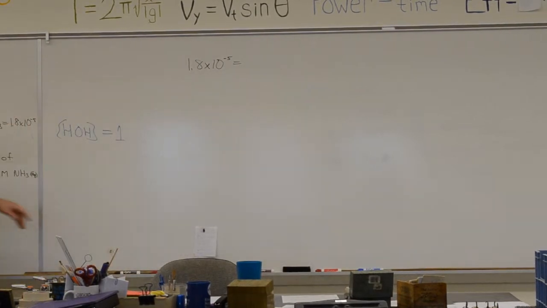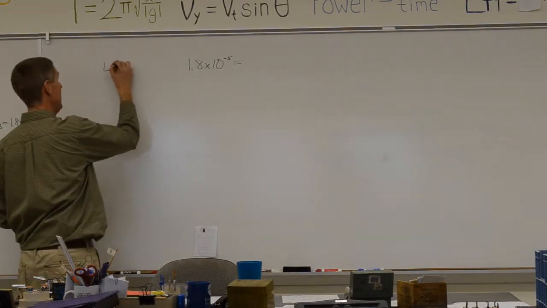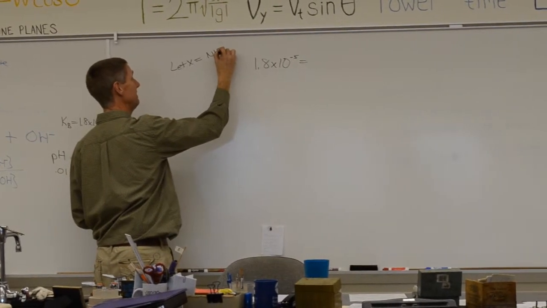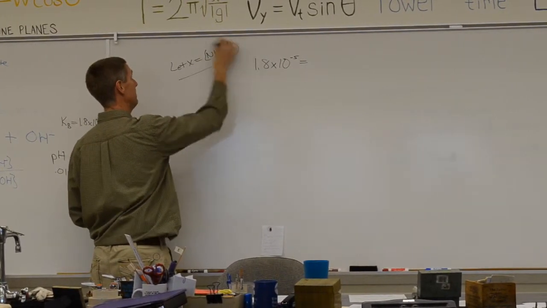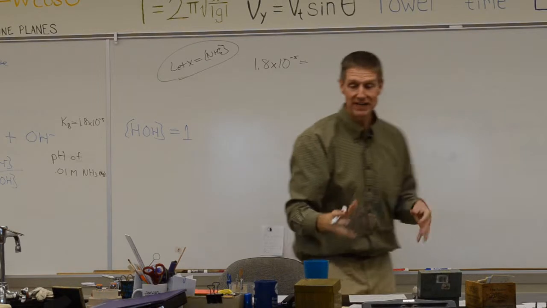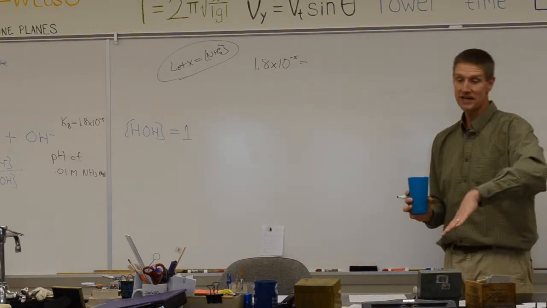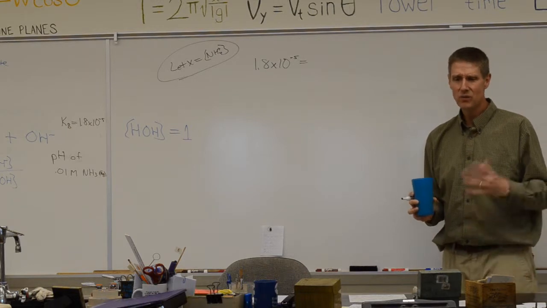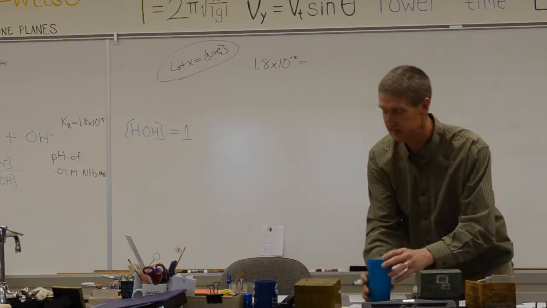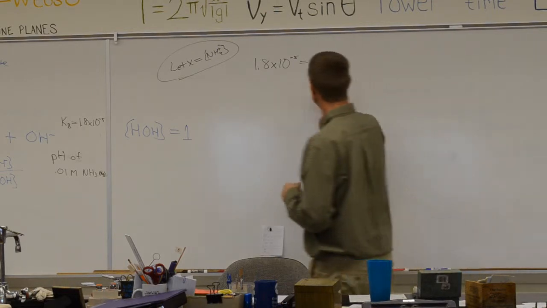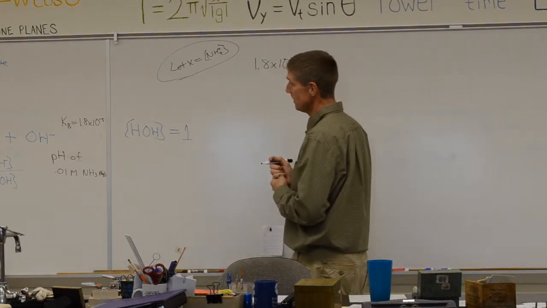I don't know that. I don't know what the NH4 concentration is, so I'm going to let X equal the NH4 positive concentration. I like to write that up there, because when I solve for X, I can go back and ask, why did I solve for X? What is X? X is the ammonium concentration. So I'm going to put that up there.